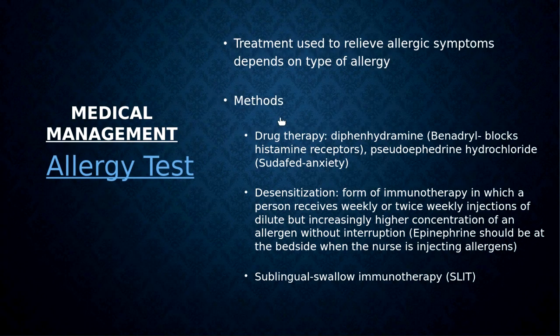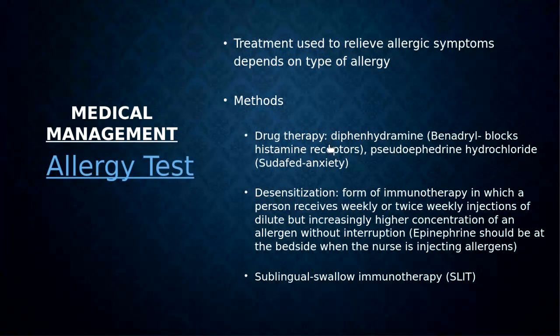So what kind of treatment are we going to use for any type of allergic reaction? Drug therapy is going to be one of the first things. Of course, you're going to have oxygen on. A lot depends on where the patient's at. If you're just at the doctor's office or at the clinic, you may or may not have access to IV to get that started. But you may have some Benadryl or some Solu-Medrol, some type of allergic reaction medication that you can give.